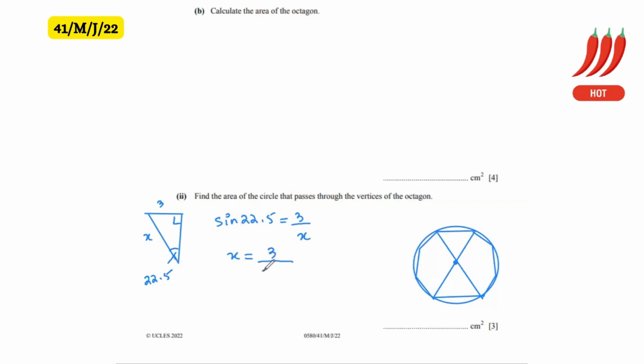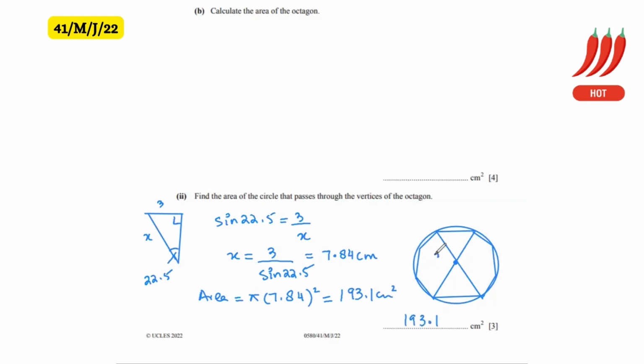So 3 divided by sine of 22.5, which gives us 7.84. That is the radius. So area would be pi times 7.84 squared, which is going to give us 193.1 centimeters squared.